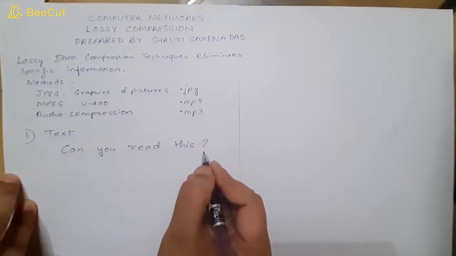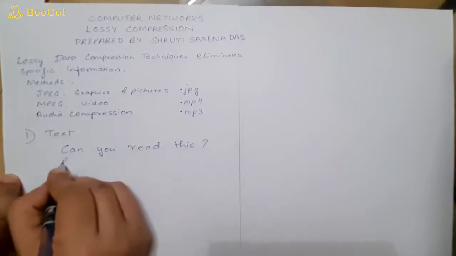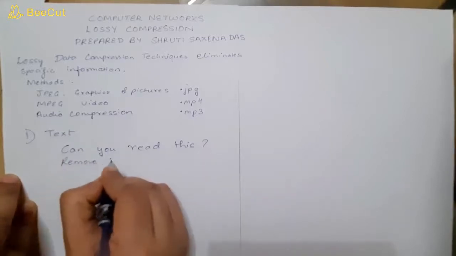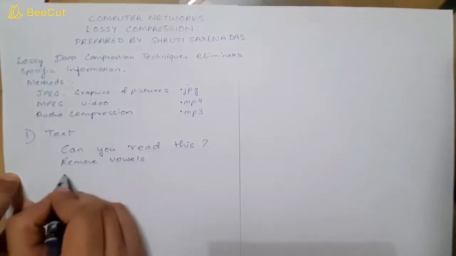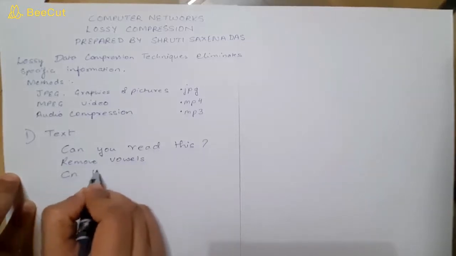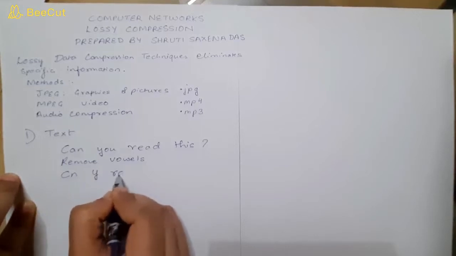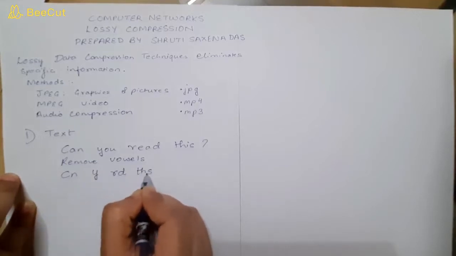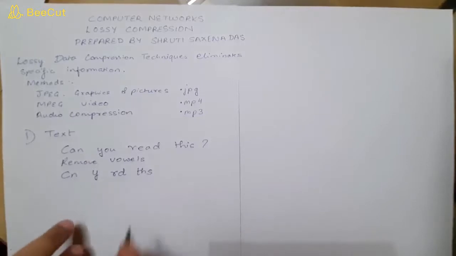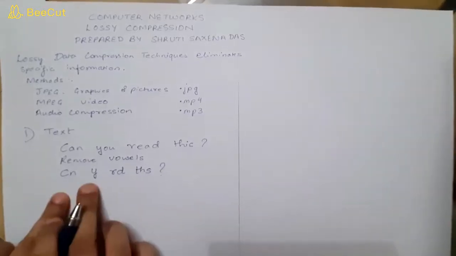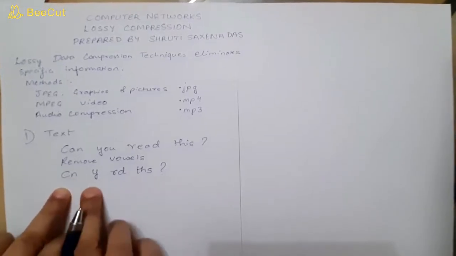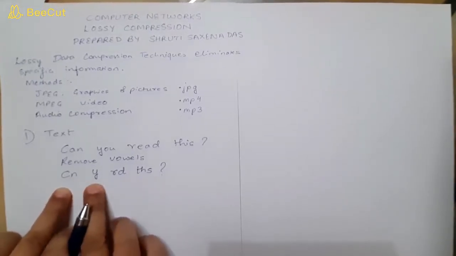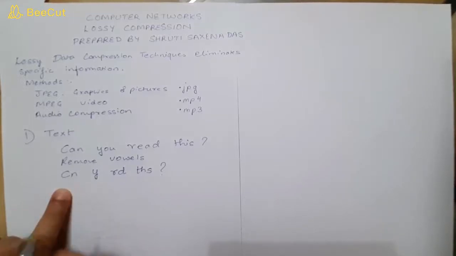One method we can use is to remove vowels. If you remove the vowels from this statement, we can represent it like this: cn y rd ths. If you get this statement, many of you might be able to recognize or read it.